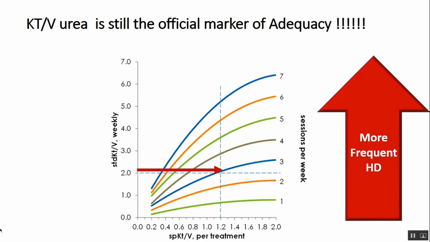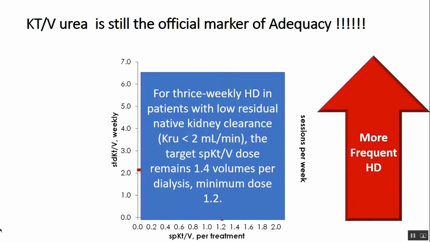While 2.2 for patients doing hemodialysis twice weekly and at least 1.3 KT over V per session for patients who are doing thrice weekly dialysis.